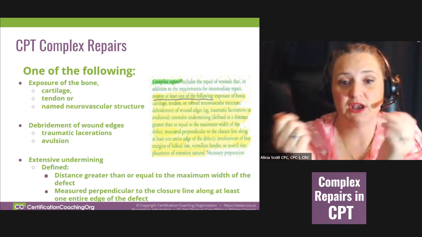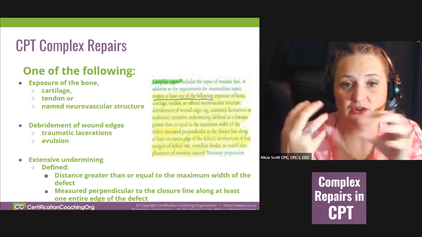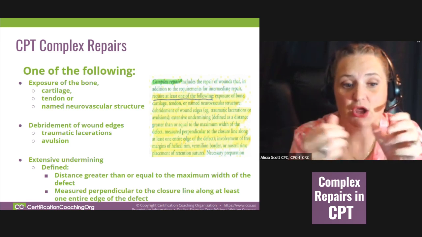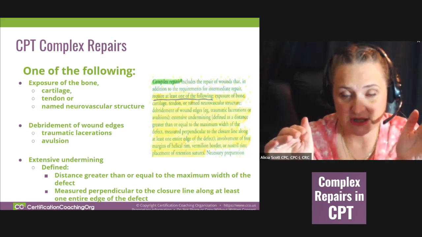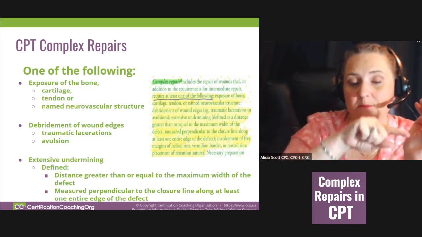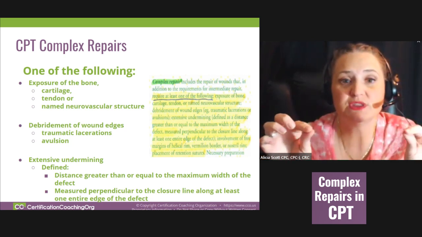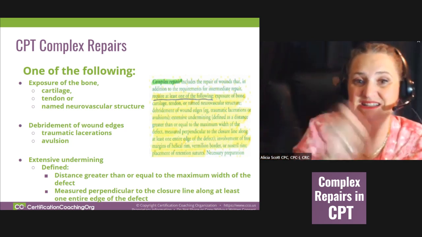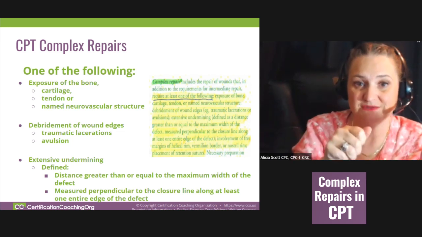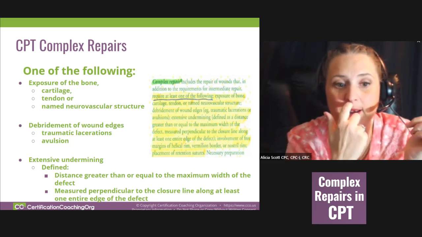Okay, you're going to have irregular edges, irregular on the inside. Now, a laceration would be more of a straight line, but it's still not smooth like an incision, which is made with a sharp instrument, a nice, clean, straight line.